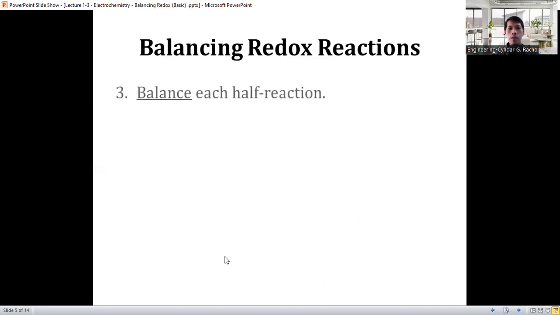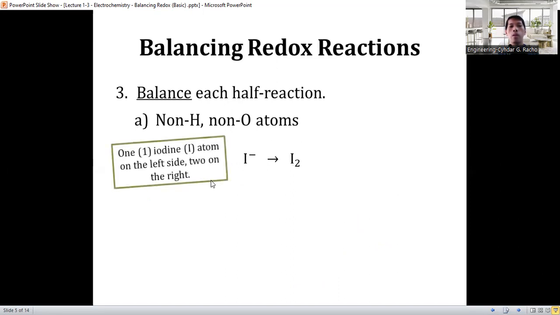All right. So number 3, balance each half reaction. So how do we do that? From I minus to I2, we balance the non-H and non-O atoms first.